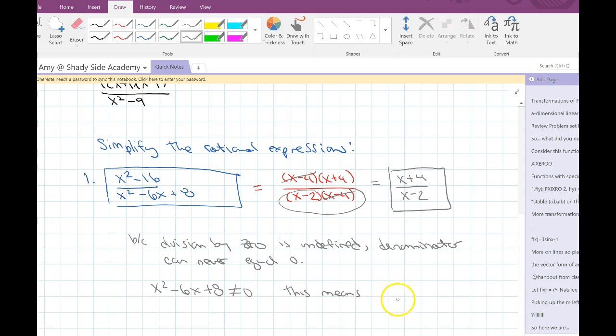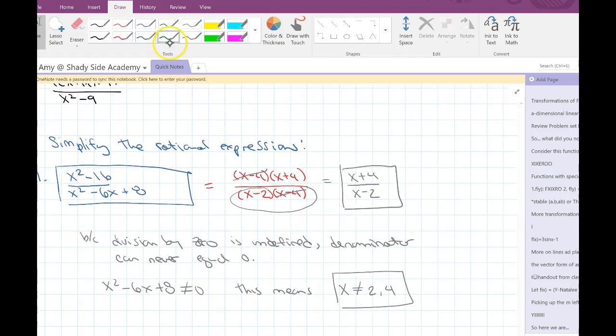So when we simplify an expression, I want you to always say to the reader that you simplified the expression, but for this rational expression, x cannot be 2 or 4. And I know some of you are asking, even though the x minus 4 canceled out, do I still have to account for that in the domain restriction? The answer for right now for this screencast is absolutely yes, and I will talk about why tomorrow during our long period.